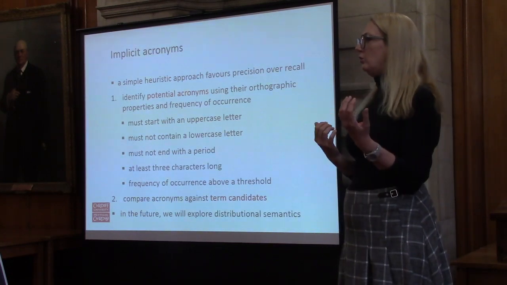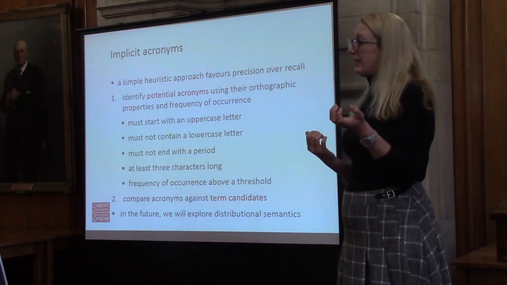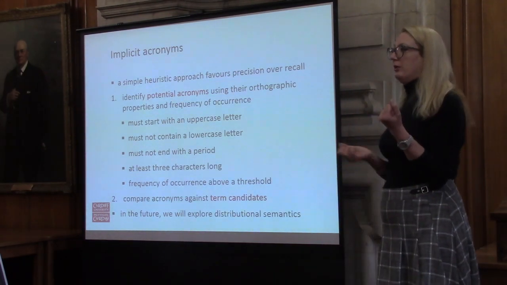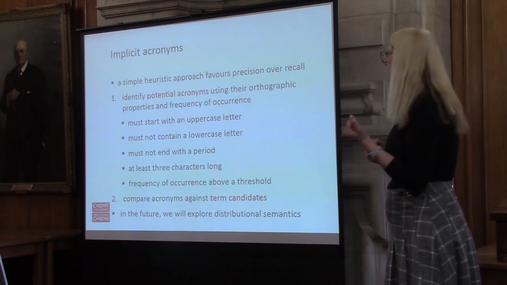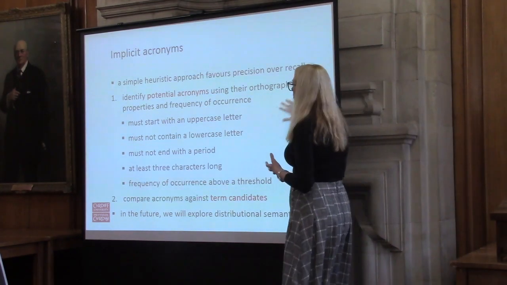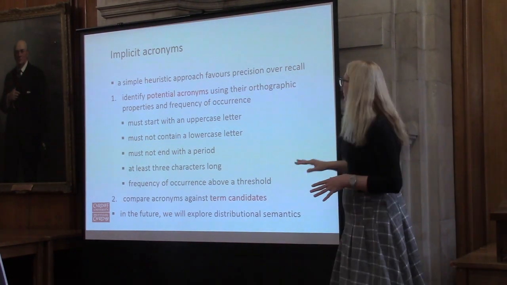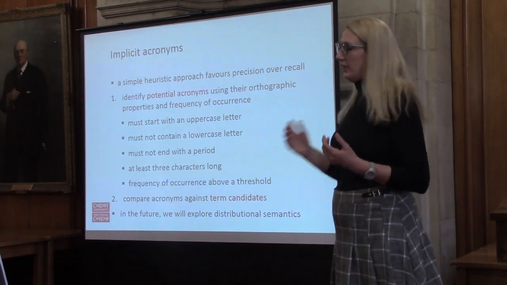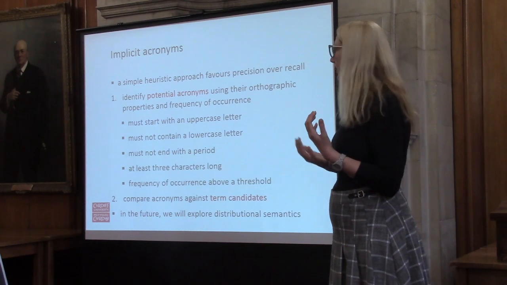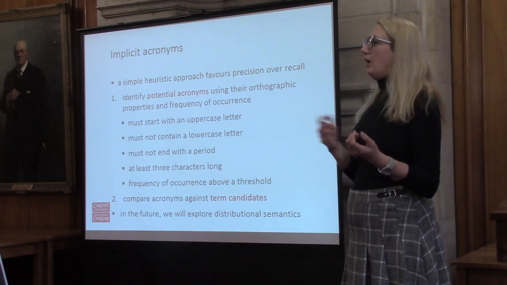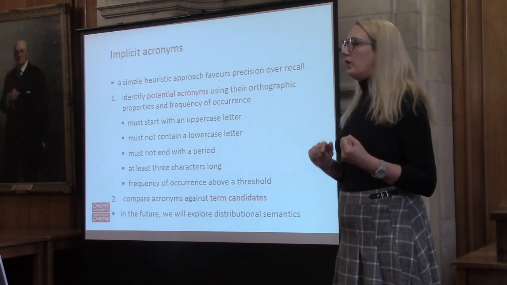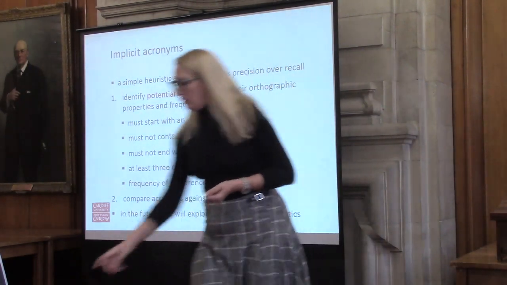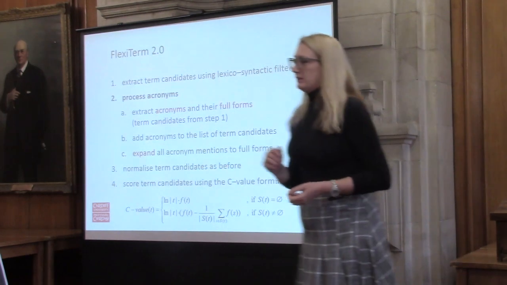So all we need to do is extract potential acronyms based on how they look, and then match them against existing multi-word candidates. It was a brute force approach. It wasn't very deep, so we didn't account for all of the acronyms. But in essence, we compared it to the existing list of multi-word terms, and we said, okay, the most frequent one will be the correct resolution of an acronym. So that was solved as well.